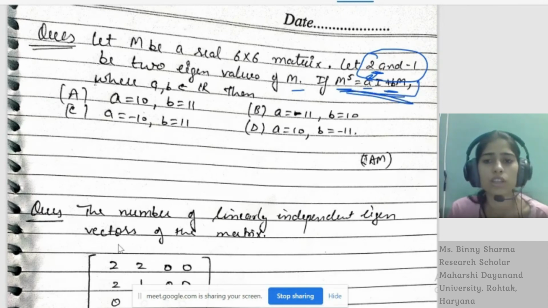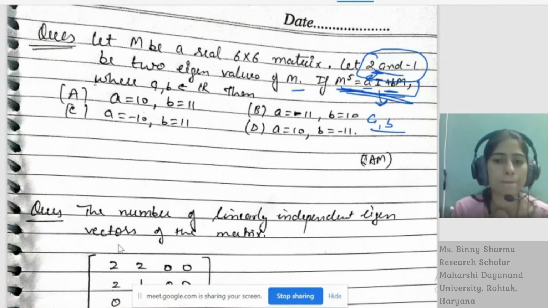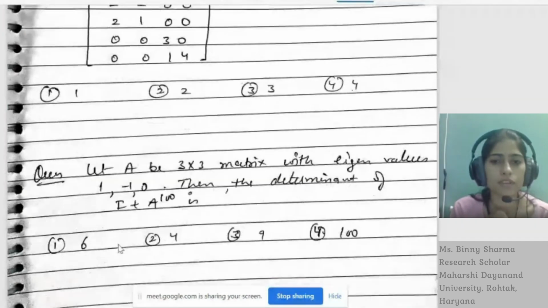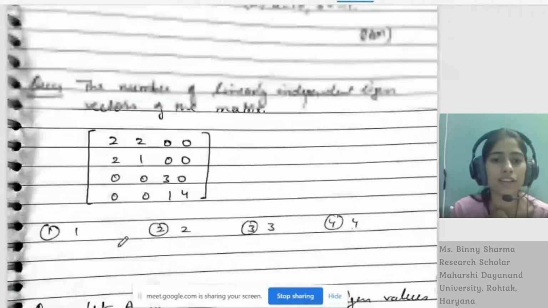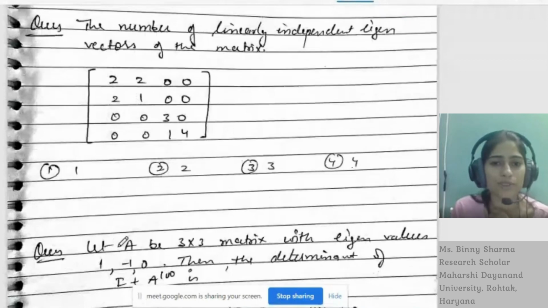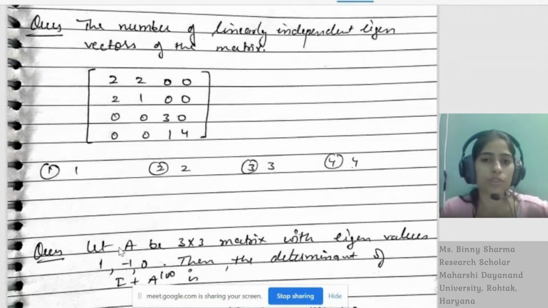So just put these values in this equation and you get the answer for A and B. I think we are short of time, so I'm just giving you an idea how to solve these questions.